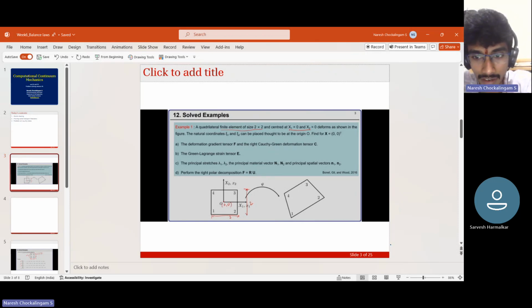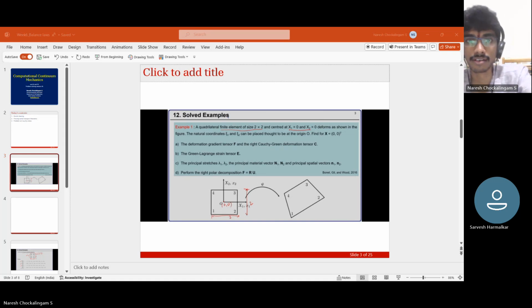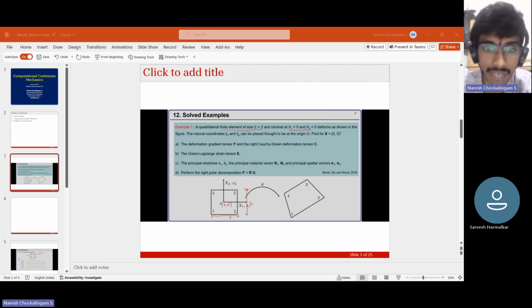So let us solve the problem as follows. This borrows some concepts from the finite element method. So we have a quadrilateral finite element of this size, and it is centered.